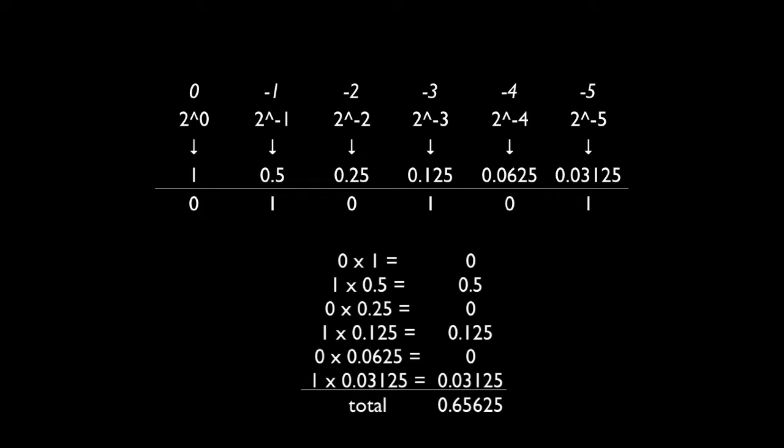Everybody with me on that? Does that make sense? So what you have is called representation error, in that the sum of all these little fractions doesn't actually add up to what you want it to add up to. Does that make sense? Everybody with me?